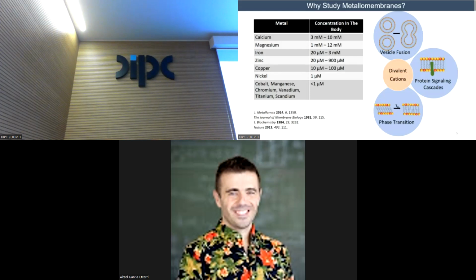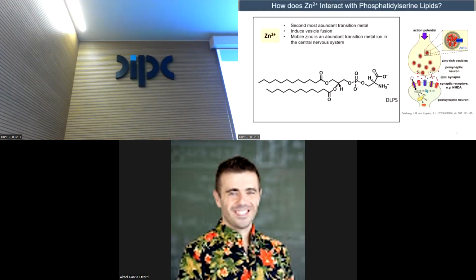And in this particular case, we were interested to study the interaction of zinc ions with negatively charged lipids. So why zinc, right? Zinc is interesting because it's the second most abundant transition metal. And zinc can also induce vesicle fusion like calcium, but it does that at much lower concentrations.